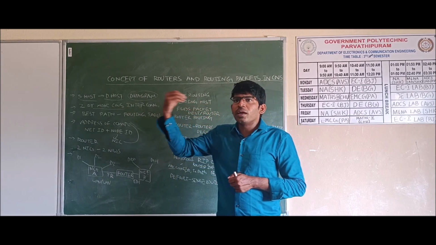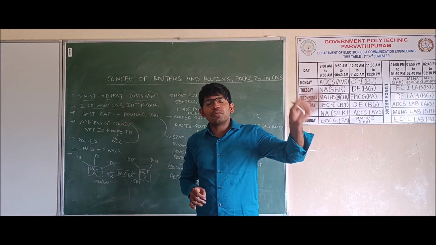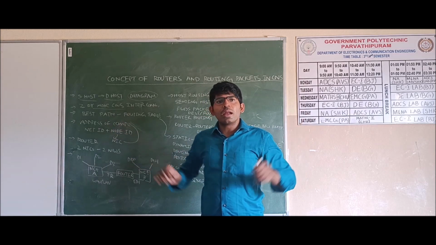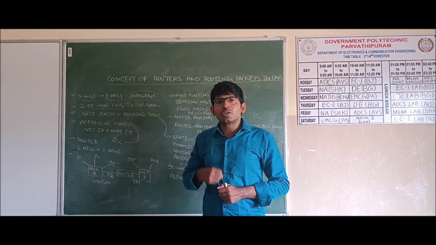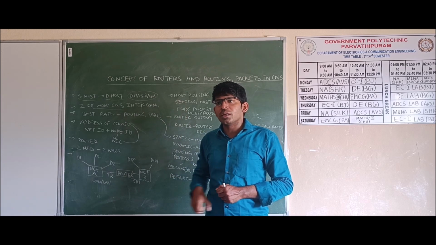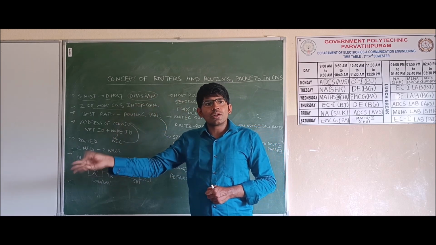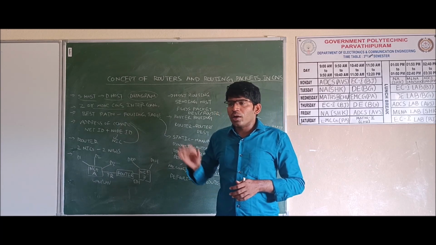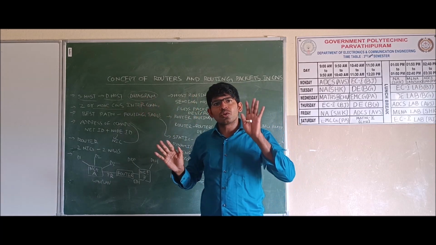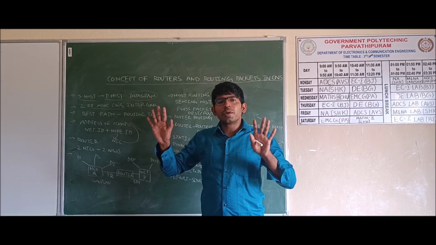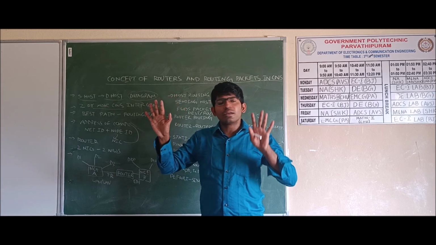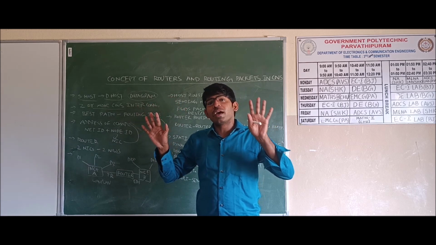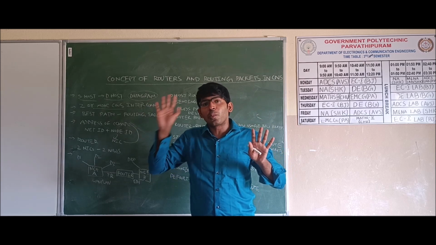One network may be a LAN, one may be a WAN, both may be LAN, both may be WAN, irrespective of the network topology. One network may work in ring topology, one in mesh topology. So I have network 1 on one side, network 2 on the other side, irrespective of whether it is LAN, WAN or MAN, irrespective of its topology.